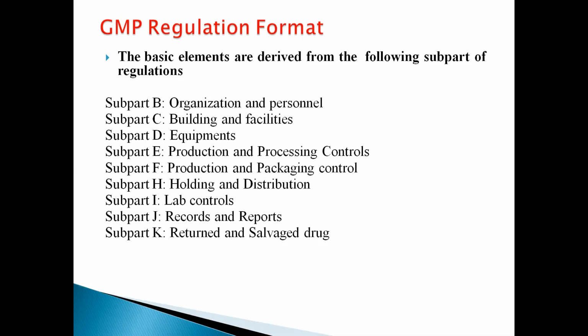That is, E is production and processing control, and F is production and packaging control. H is holding and distribution. I is lab control. Subpart J is records and reports. Subpart K is returned and salvaged products. So nine are there.